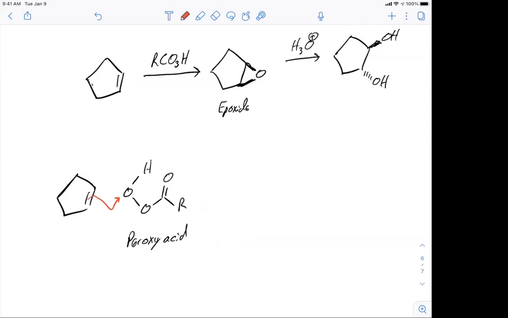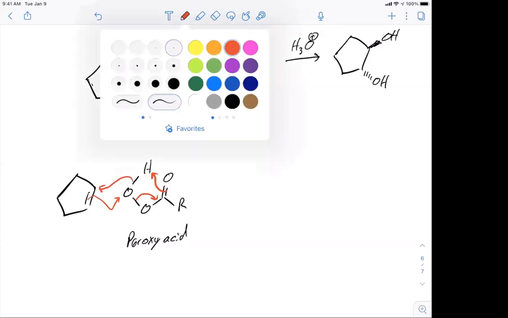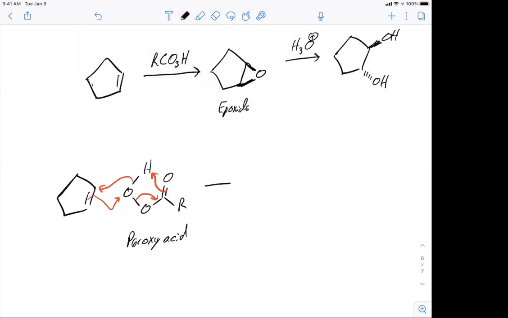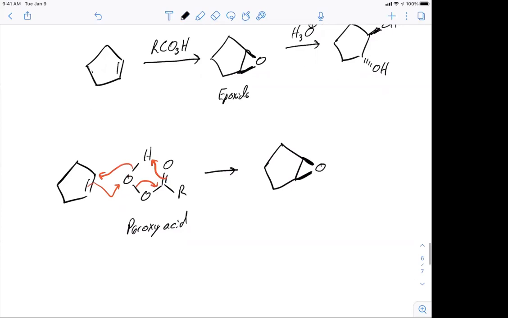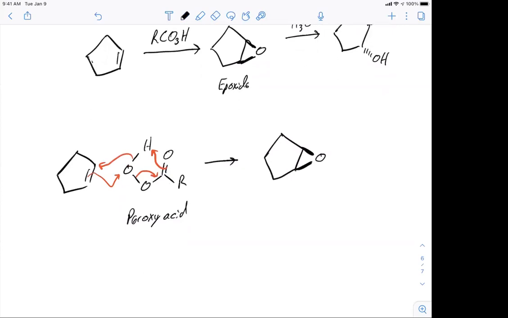So we're getting the oxygen, the electrons going here, this pi bond going up here to pull off that proton, and then these electrons going back to that partial positive forming on that carbon. So that gives us this epoxide, right? So we get both of those adding to the same side, so that's why they're both dashed there.